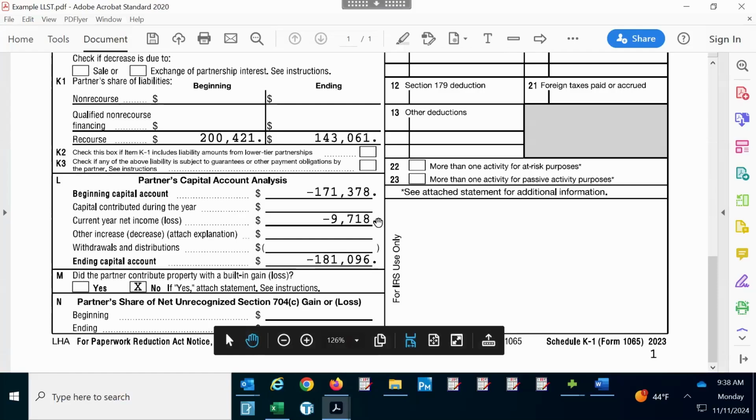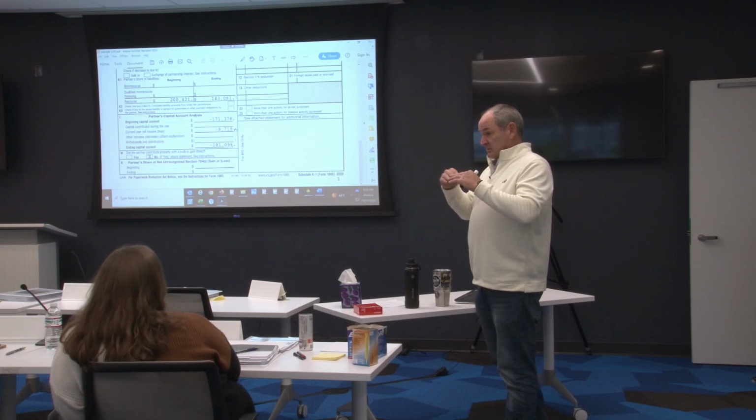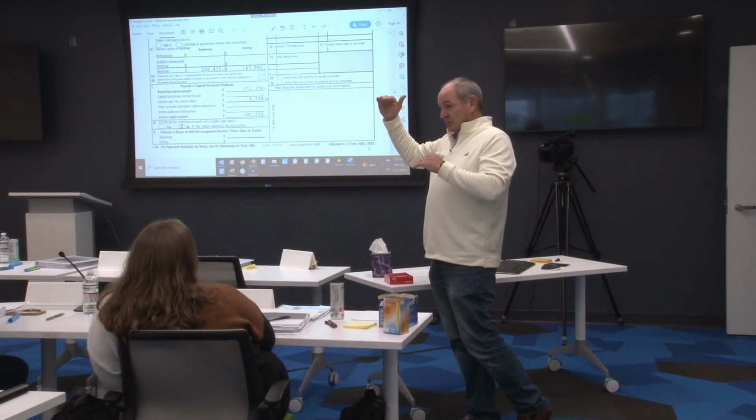Okay, so in this example, Brad said, well, at the beginning of the year, I had $200,000 of recourse debt, and I had $171,000 worth of loss. So, going back to it, the debt on this K1 is a contribution to capital as if cash were contributed.